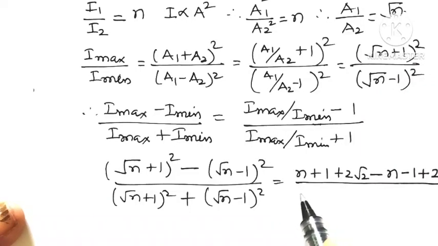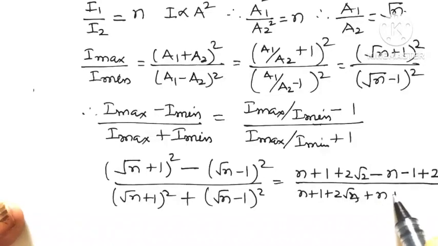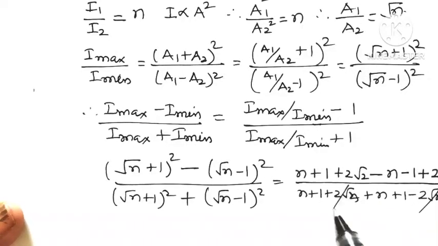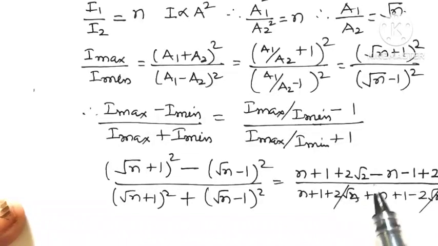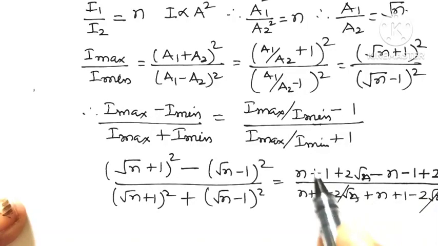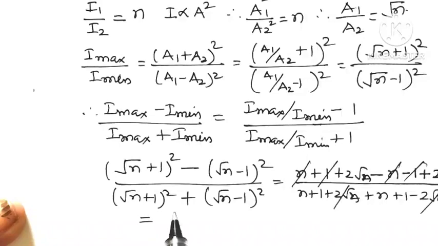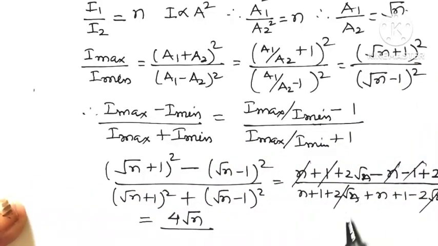So that is equal to n plus 1 plus 2 root n plus n plus 1 minus 2 root n. The minus 2 root n and plus 2 root n get cancelled. In the numerator, n minus n cancels and plus 1 minus 1 cancels, so we have 4 root n, divided by 2n plus 2 in the denominator.